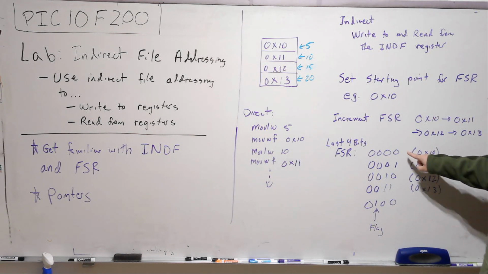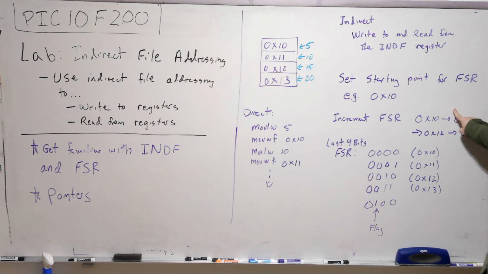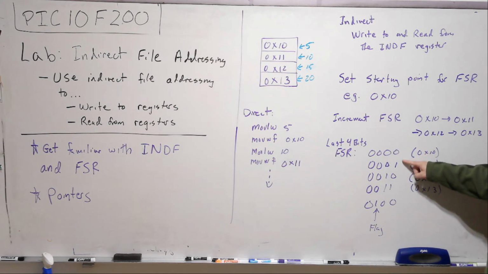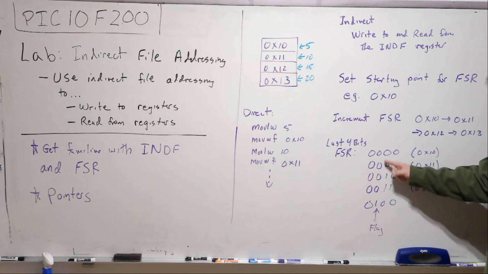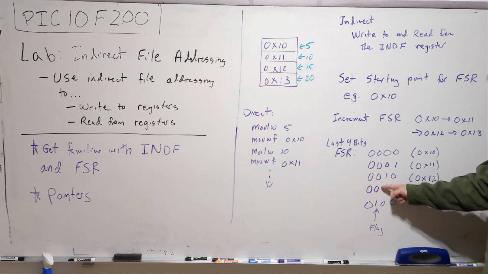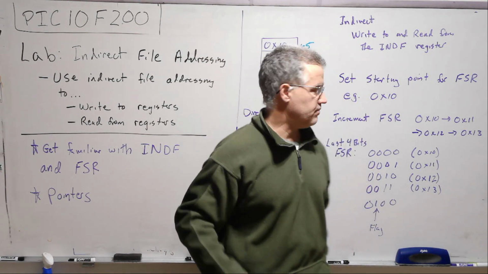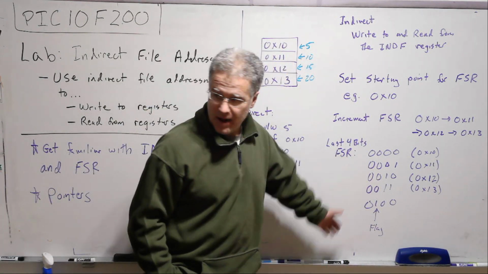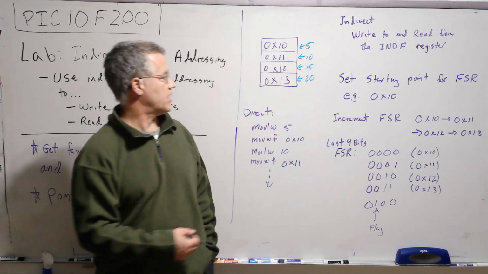So we start at 10, and with each increment we will move along here. That will change the value of the file select register, and we will always check each time this value: 0, 1, 2, if bit number 2, the third bit over, is equal to 1, then that will flag that, and that will get us out of this increment loop.